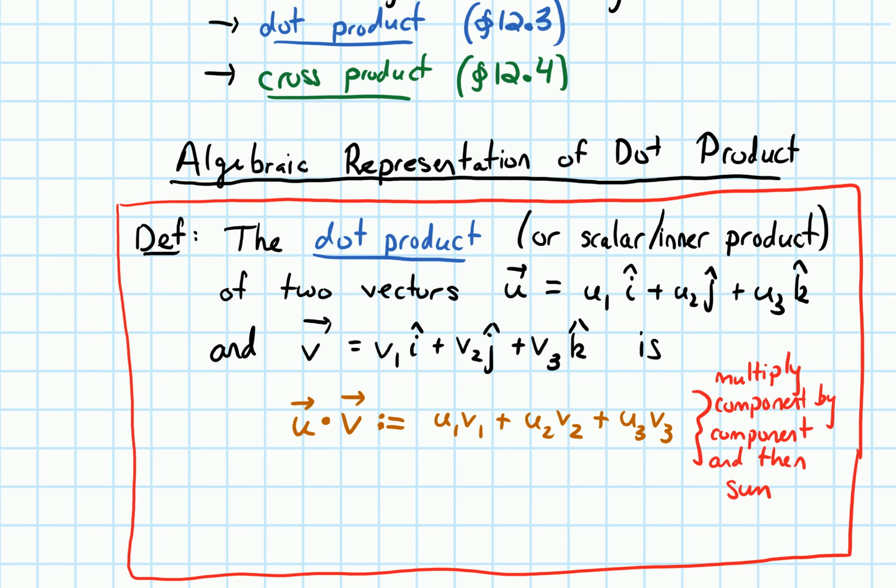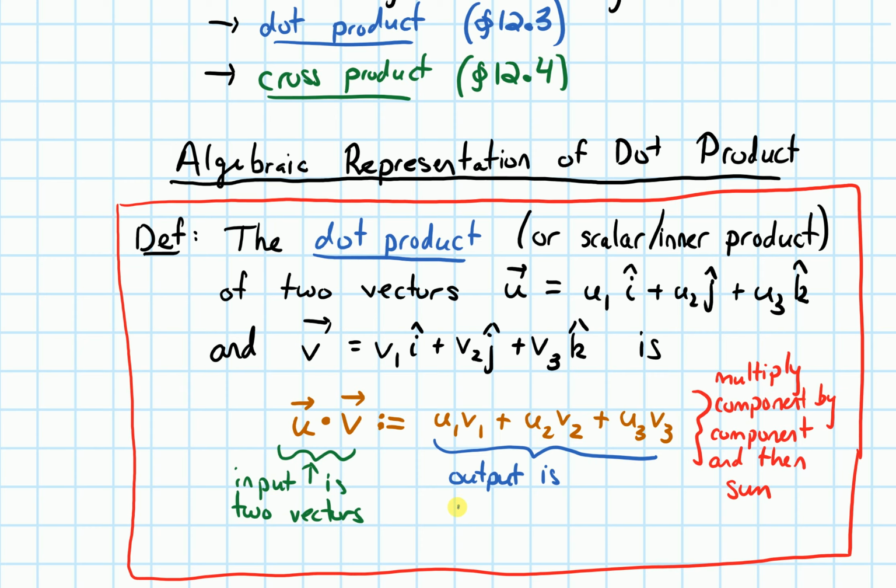The other comment I want to make is that what we are inputting into the dot product is two vectors. The output, notice, is no longer a vector.